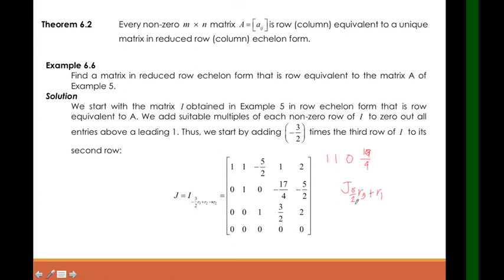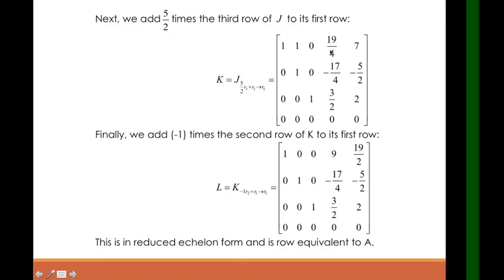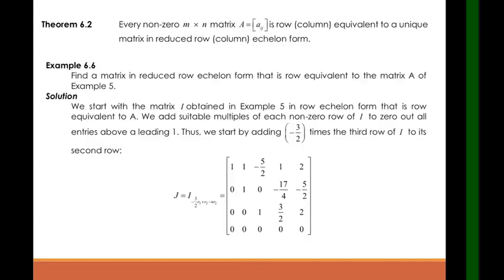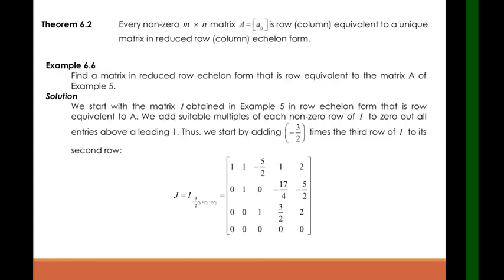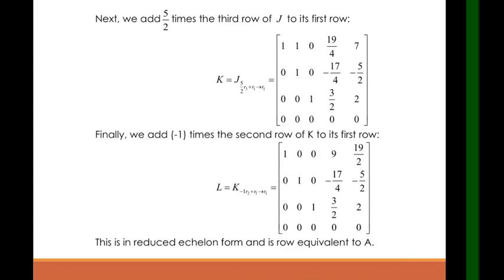And then, 5 over 2 times 2 is 10 over 2, or 5 times 2 is 10. I'm not sure about the 19 over 4, but okay, 19 over 4. Why did it become 7? 5 over 2 times 2 is 5, 5 times 2 is 10. It should be 10. Am I wrong? Maybe I made a mistake in computing or in writing it here.